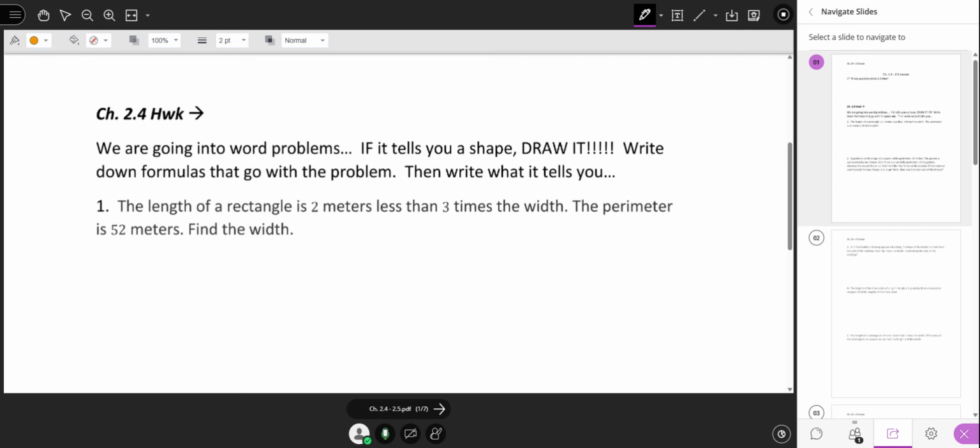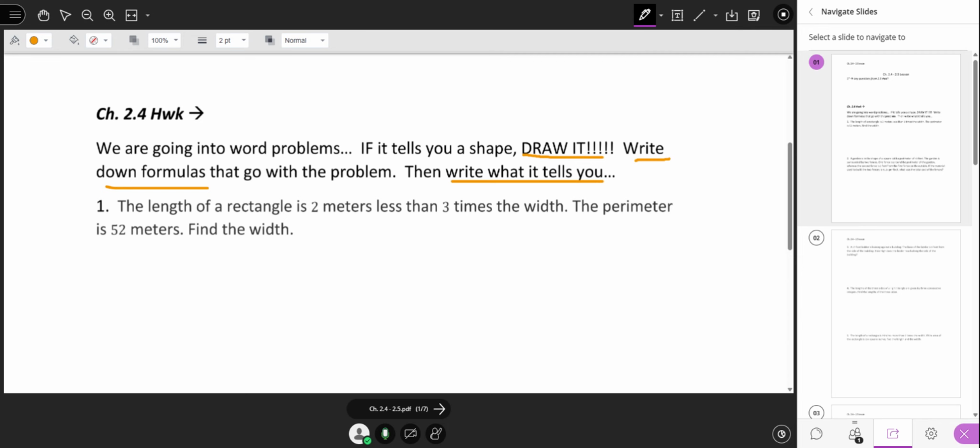So, the key with word problems is draw it. Write down formulas that it gives, or formulas that it may imply, and also write what it tells you.